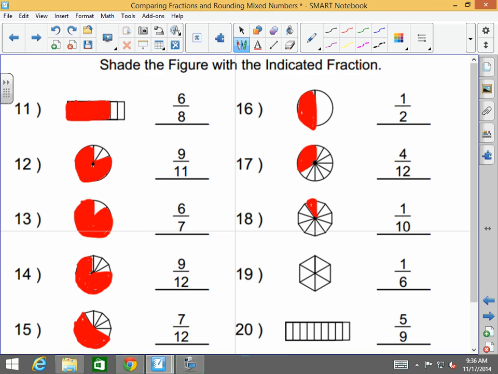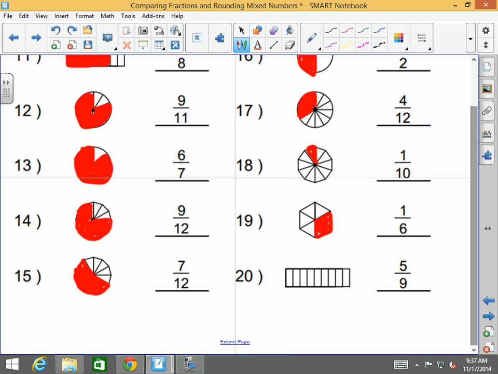1/10. That's just one slice out of the 10 slices available. 1/6. Now this is a good one. This is a cube. Think of a number dice. So it's just going to be one of these sides shaded out of the 6 sides. That's a great one. And last but not least, 5 out of 9.